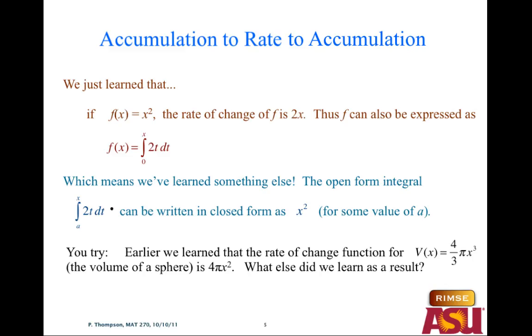She said that if we had this open form accumulation function for this rate of change, we now have a closed form for that. What is the closed form for that? No, if that's the rate, then our closed form accumulation is, Jacob. Right.